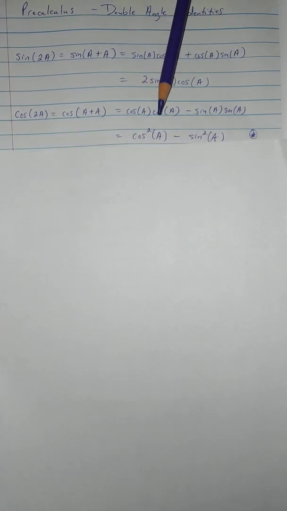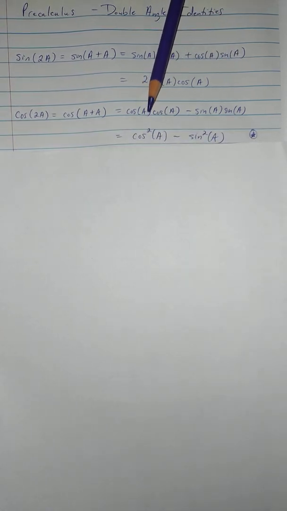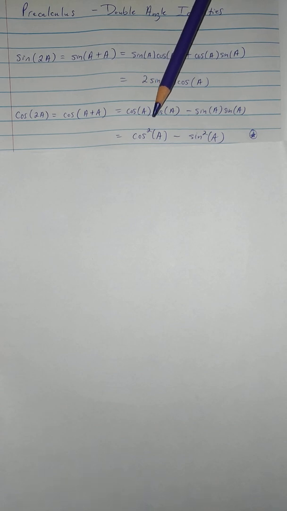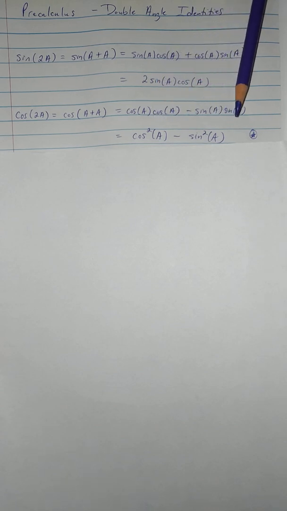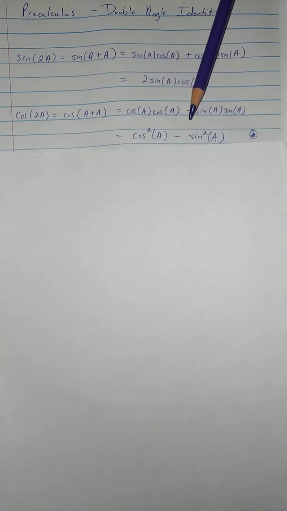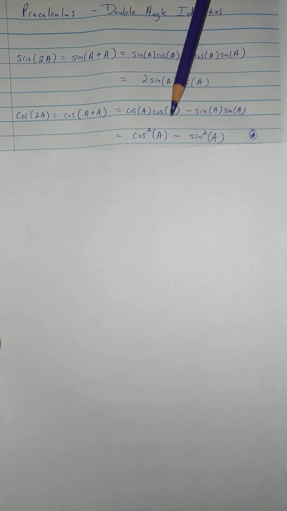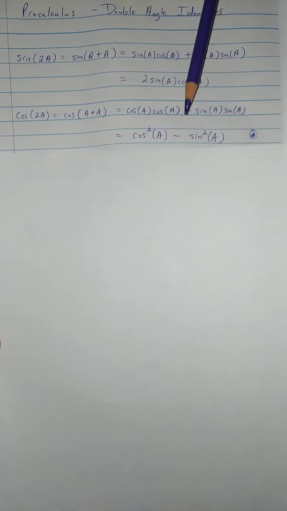Well, cosine times cosine is cosine squared, and sine times sine is sine squared. So cosine of 2a equals cosine squared a minus sine squared a. This is one of 3 double angle identities for cosine. Notice sine only has one. Cosine's going to have 3 versions. This is the primary one.